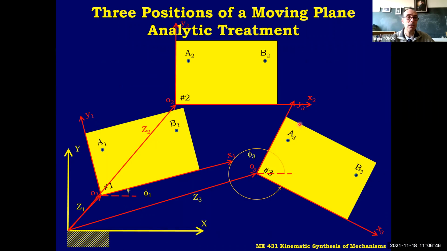So actually, this concludes the graphical treatment of three position synthesis. If you select the homologous point, the center is definite, okay?